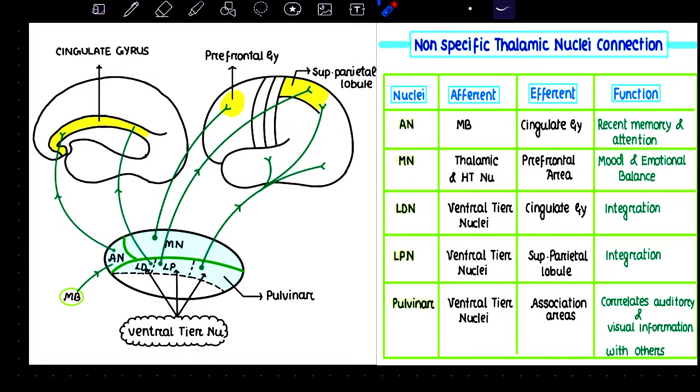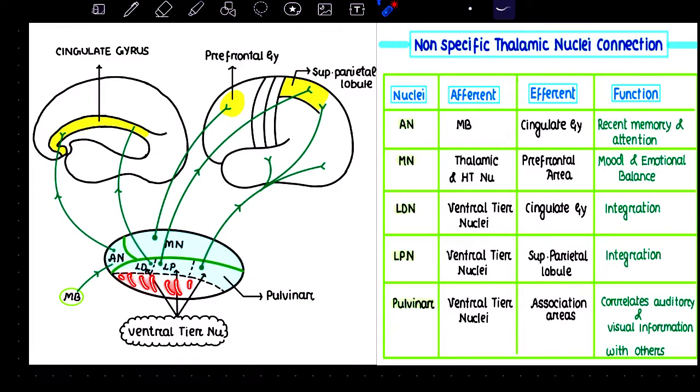Now moving further, we have the lateral dorsal nucleus. Talking about the lateral dorsal nucleus, what will it do? It will receive afferent from the ventral tier nuclei only. The lateral dorsal, lateral posterior and pulvinar, which are the dorsal tier nuclei, will receive afferent from just below them.